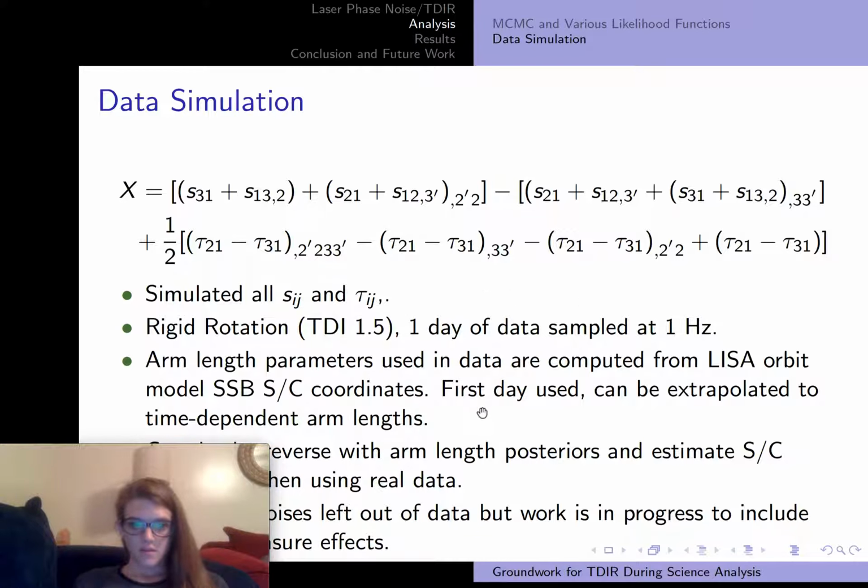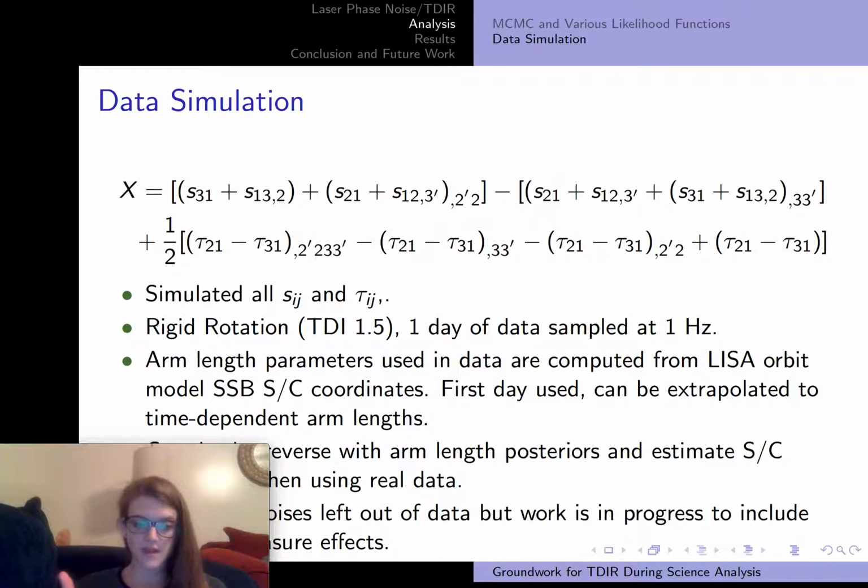And the arm length parameters that were input into the data were realistic. They were computed from solar system barycenter spacecraft coordinates from a LISA orbit model. And so you end up with arm lengths as a function of time in orbit.